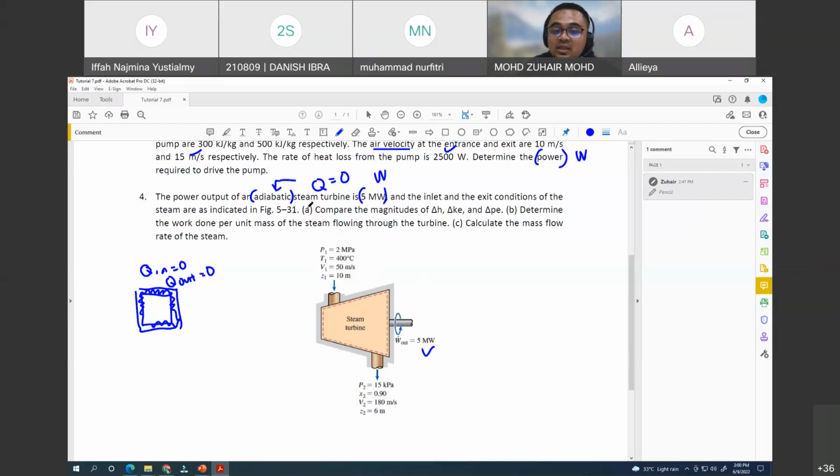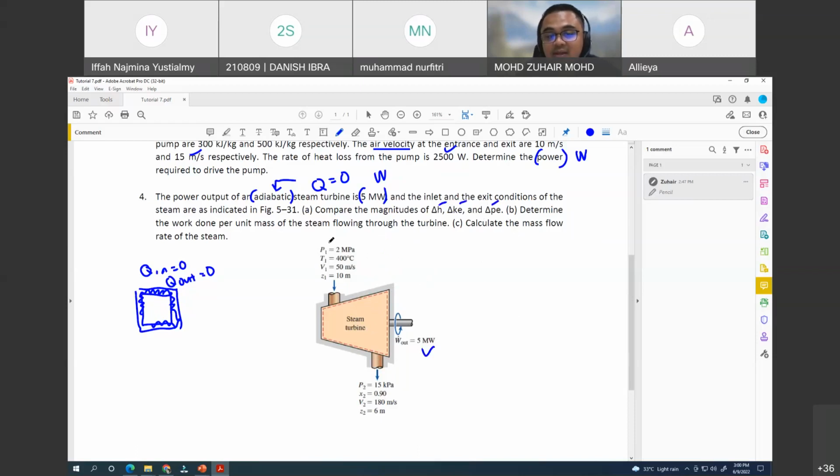Now the first question is to compare the magnitude of delta H, the change in specific enthalpy, specific kinetic energy, and specific potential energy.